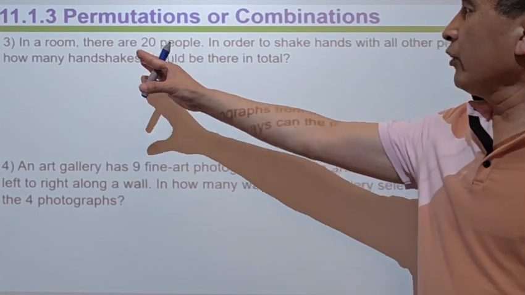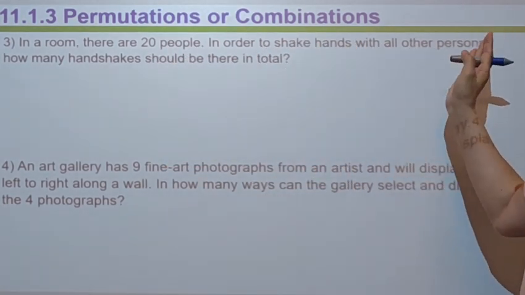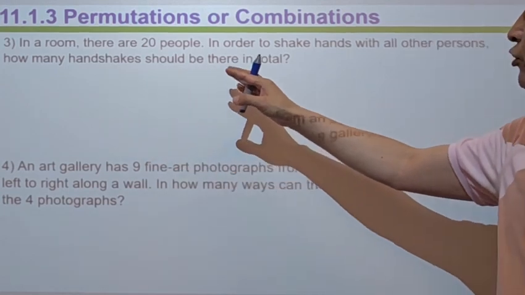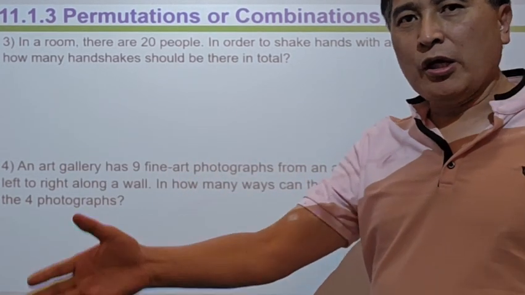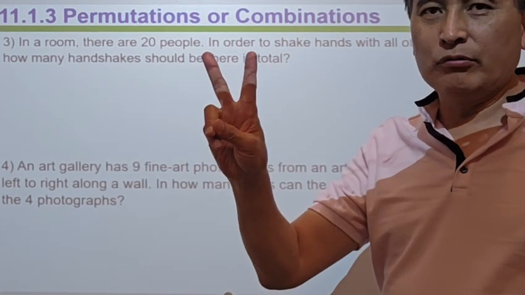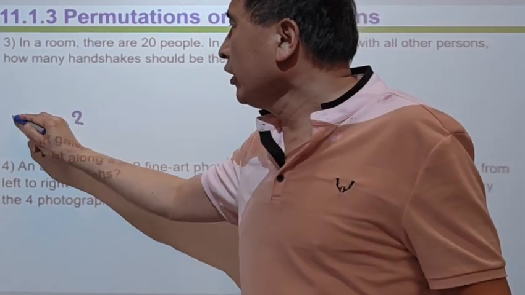So in a room, there are 20 people. In order to shake hands with all other persons, how many handshakes should there be in total? So this one now, in order to shake hands, you need 2 people, right? Then select 2 out of 20.